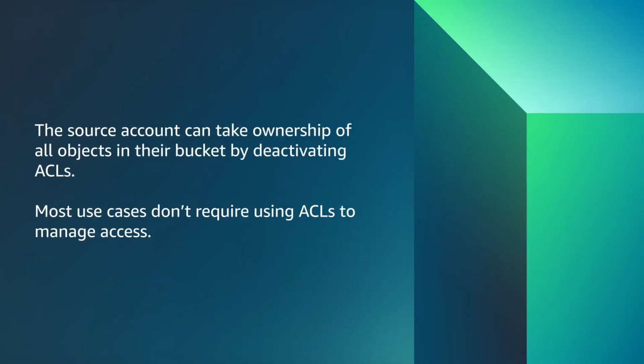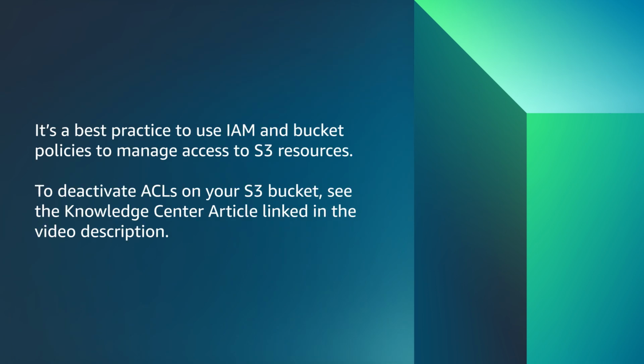Note that the source account can take ownership of all objects in their bucket by deactivating ACLs. Most use cases don't require using ACLs to manage access. It is a best practice to use IAM and bucket policies to manage access to S3 resources.